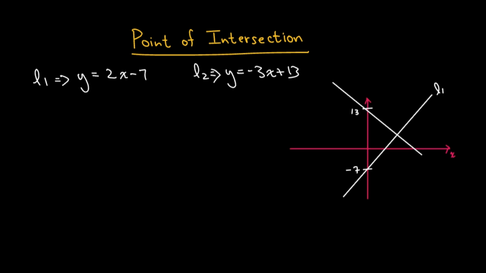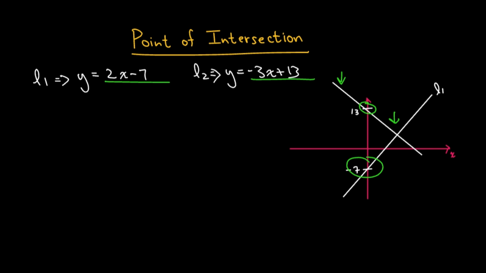So here you have line L1 with positive gradient and y-intercept of -7, and line L2 with negative gradient and y-intercept of positive 13. You need to find the coordinates of this point of intersection.